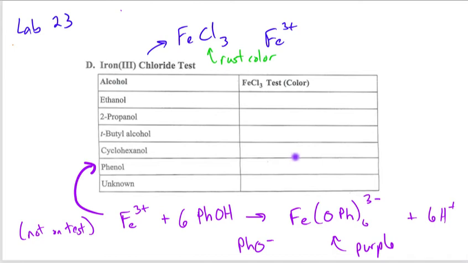If you look at the Wikipedia site for this ferric chloride test for phenols, you'll see a variety of uses. There are a couple of medical uses. If a person has an excess of aspirin in their system, it'll come out in their urine, so you can use this test to determine whether there's an aspirin overdose.